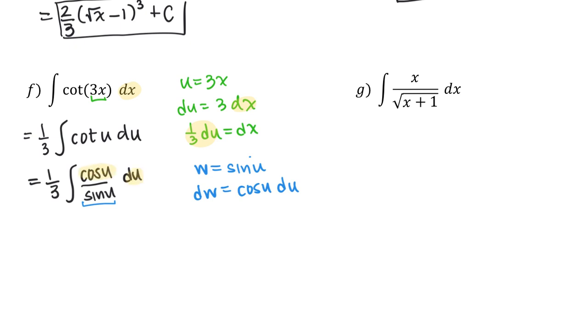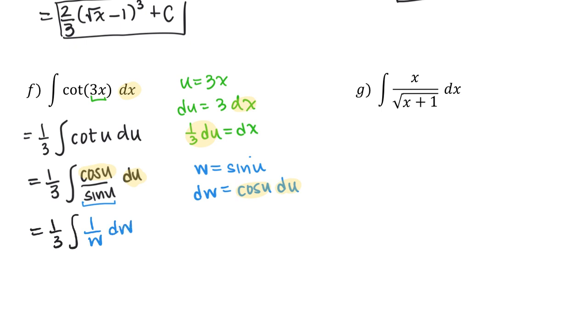The cosine u and du are left, which is exactly what I have here. So this actually worked. Now let me make my w substitution. w is sine u, so this is going to be 1 over w. And then the cosine u du will be dw.